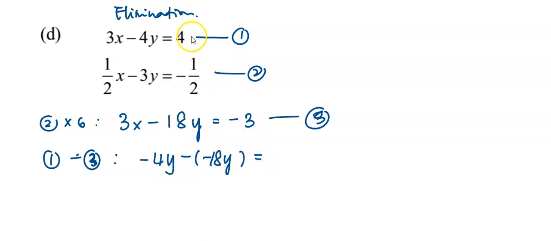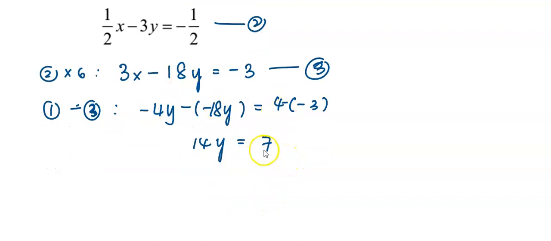Then 4 minus negative 3, you have 4 plus 3. All right. So 18y minus 4y, you have 14y equals 7. 4 plus 3, that will be 7. And y equals 1 over 2.